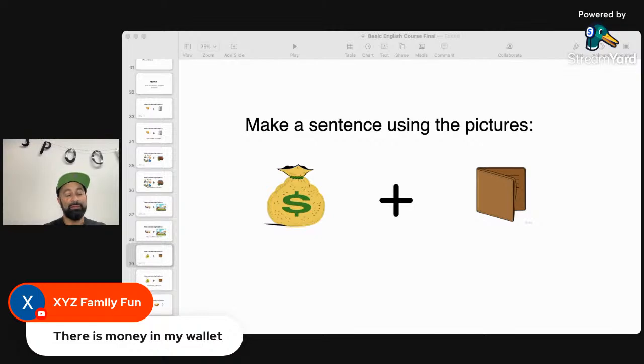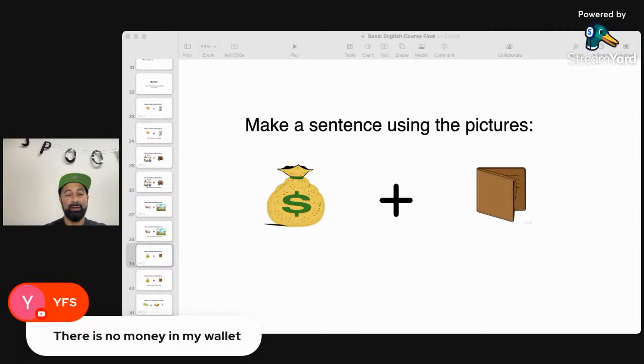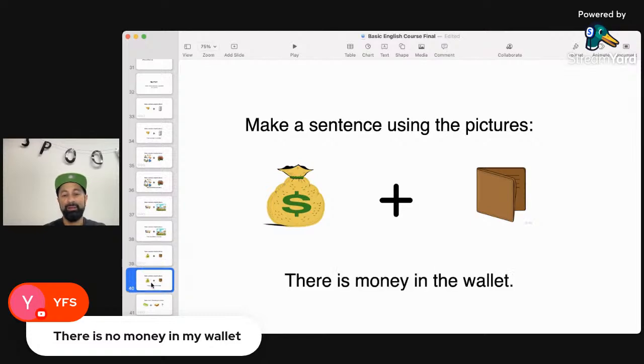So XYZ, you believe money is uncountable. YFS, there is no money in my wallet. No, that's so sad. But YFS, you also believe money is uncountable. And let's look at our answer. There is money in the wallet. There's money in the wallet.